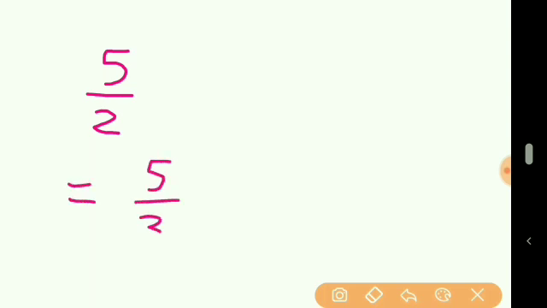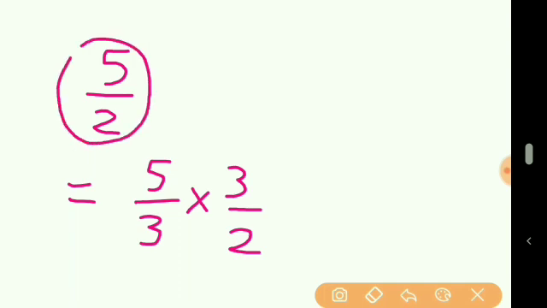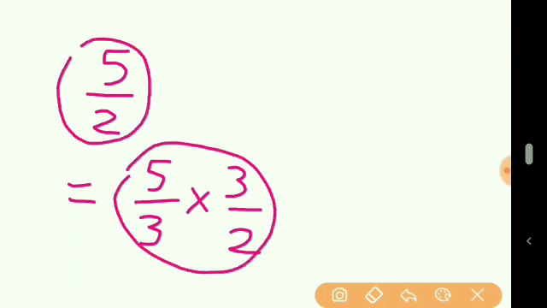Now students, look here. If it is 5 by 2, then can I write this 5 by 2 as 5 by 3 into 3 by 2? Just tell me, these two are equal or not?